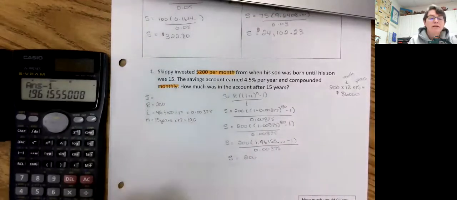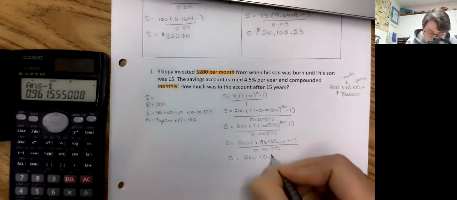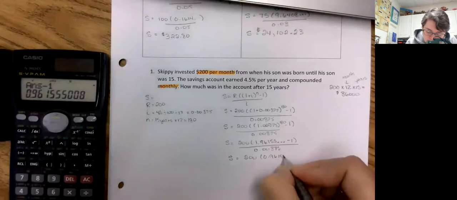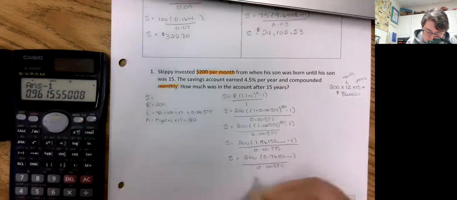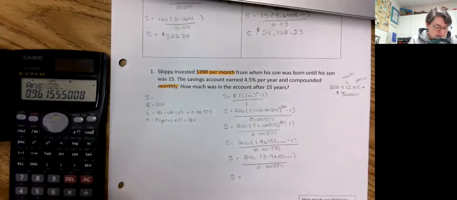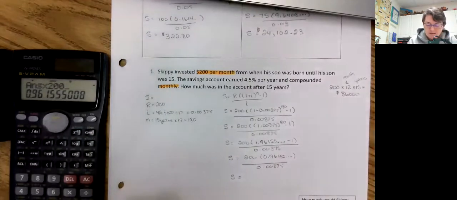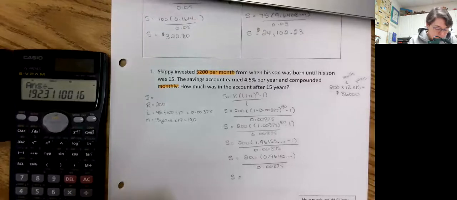Again, just leave it all on the calculator. 0.96155 divided by 0.00375, and we're going to do this all at once, times 200. If you're not sure about your calculator, hit the equals in between and then divide by 0.00375.